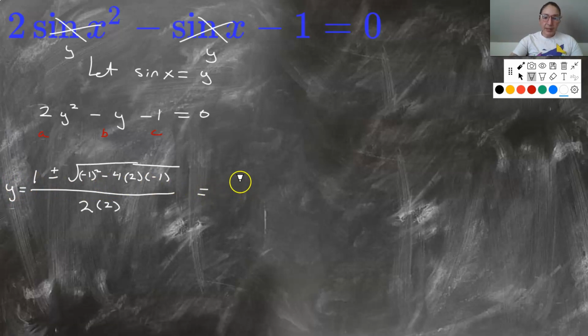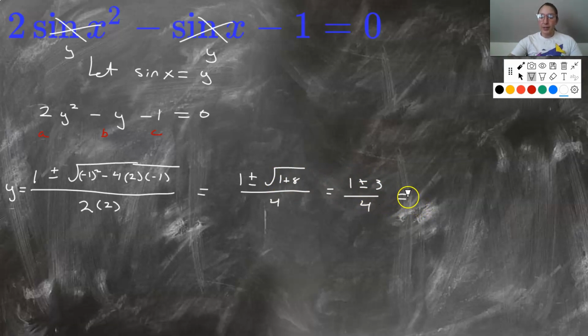Let's simplify this. 1 plus or minus the square root of negative 1 squared, which is 1. 4 times 2 is 8. 8 times negative 1 is negative 8. So this all turns into 1 plus 8 over 4. 1 plus 8 is 9, and the square root of 9 is 3. So this is going to be 1 plus or minus 3 over 4.